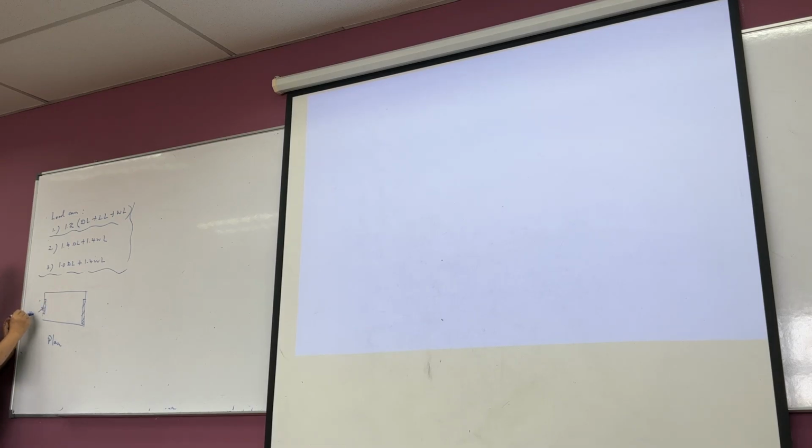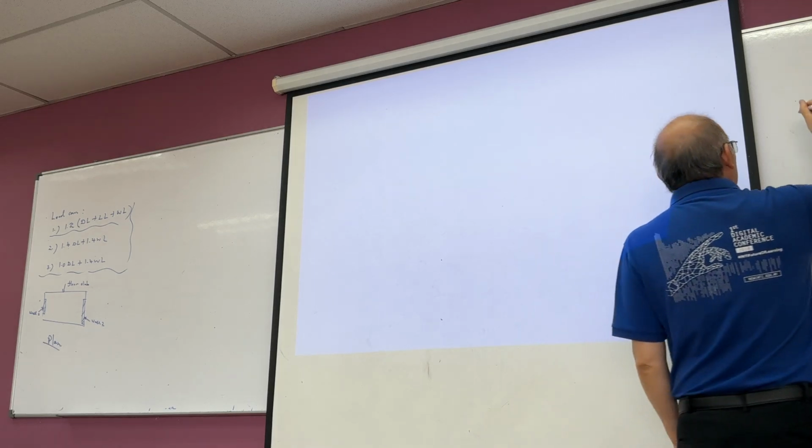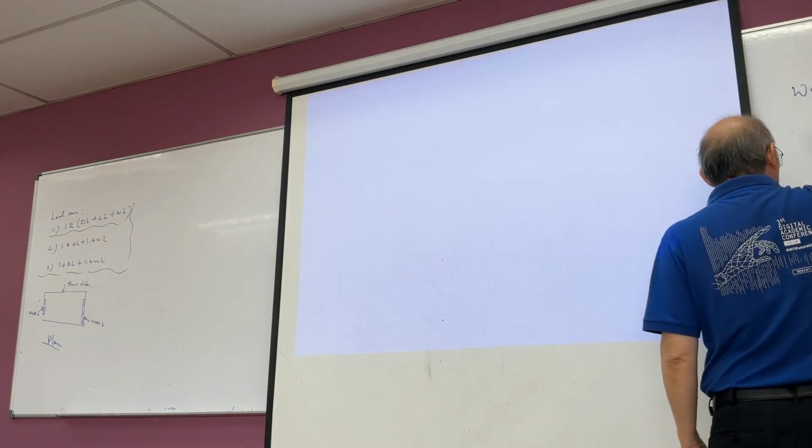So this is wall 1. This is wall 2, and this is the floor slab. Okay. This is a plan. First, our final goal: shear wall design.